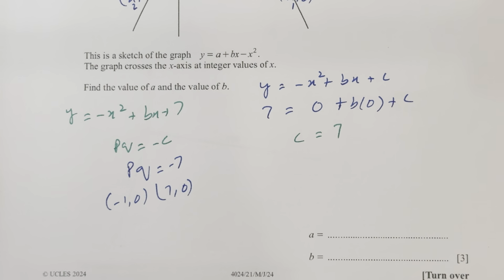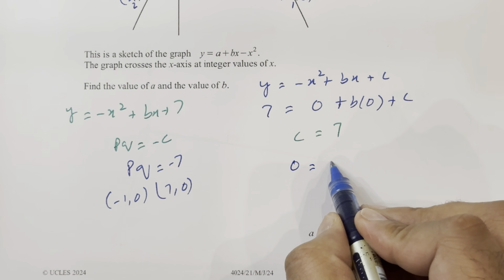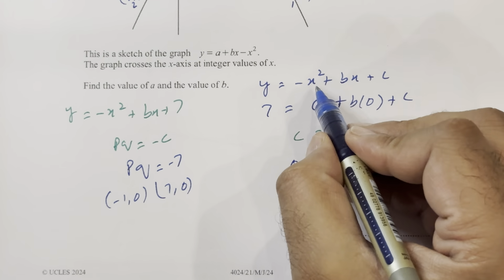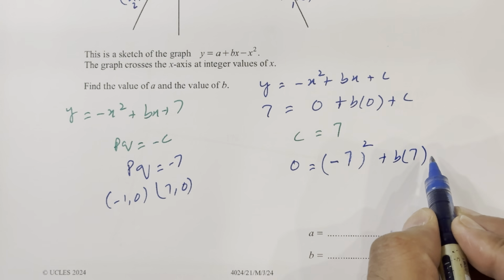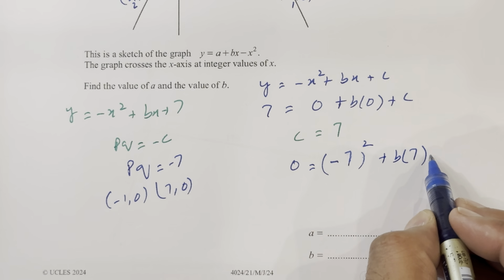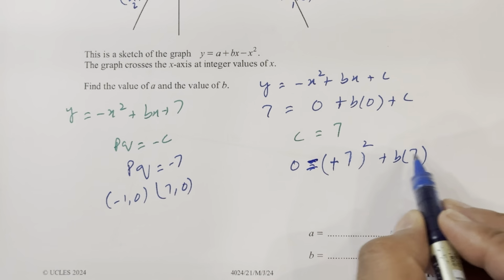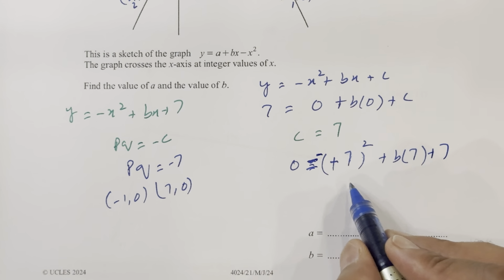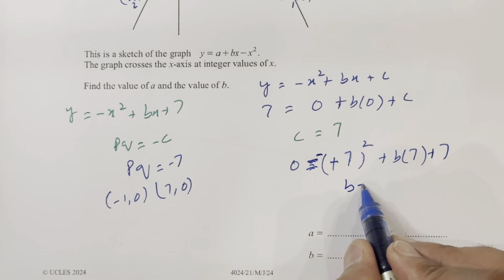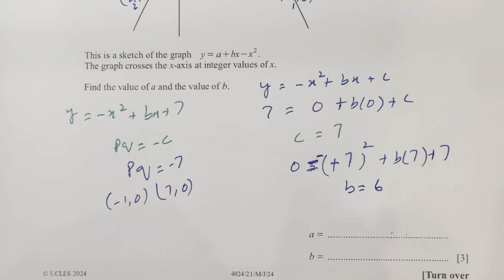And you can put this value over here: 0 = −7² plus b into 7 plus 7, and you get the value of b, that is equal to 6.